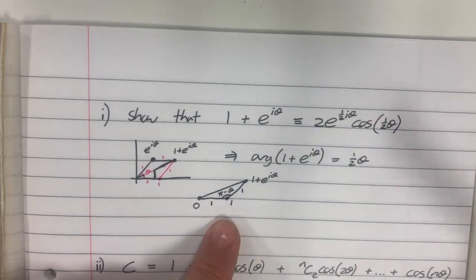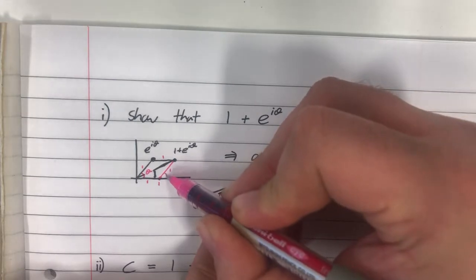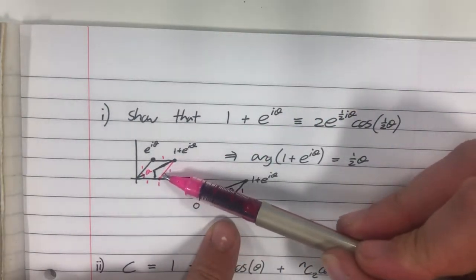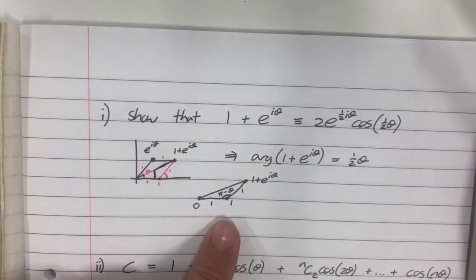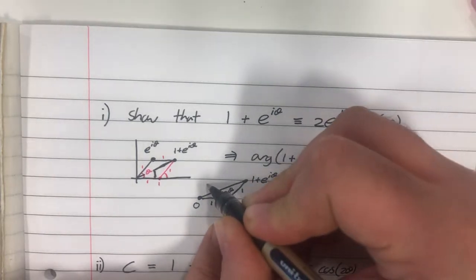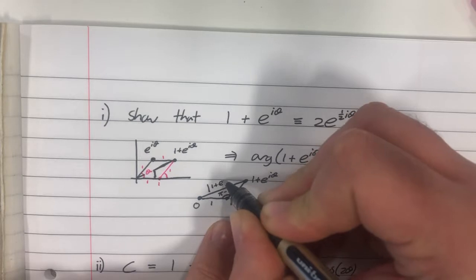And the reason why it's pi minus theta is because this angle here is also theta, and angles in a straight line add up to pi. And we're going to use the cosine rule to find the modulus of 1 plus e to the i theta.